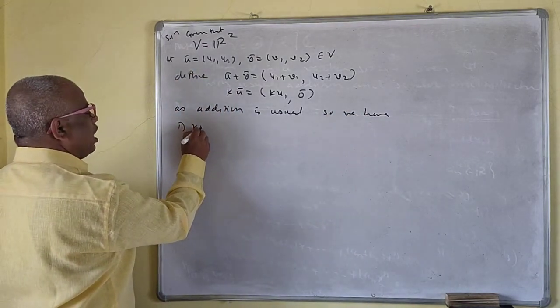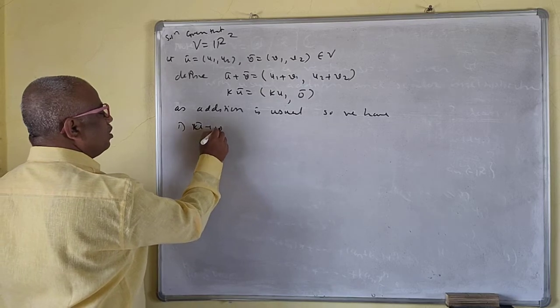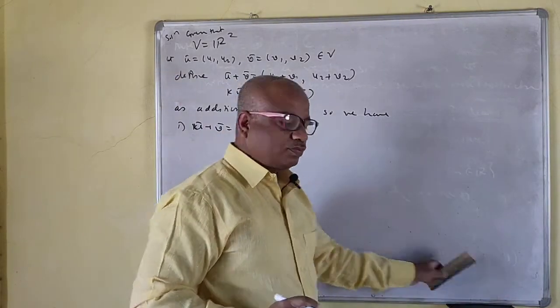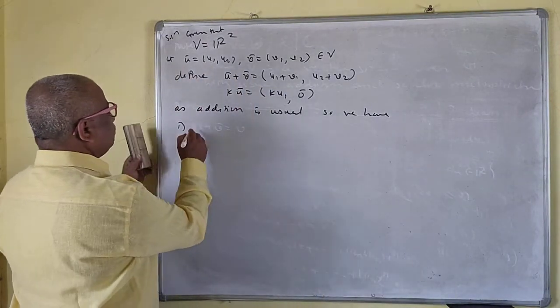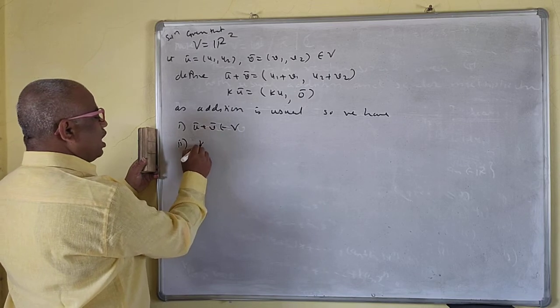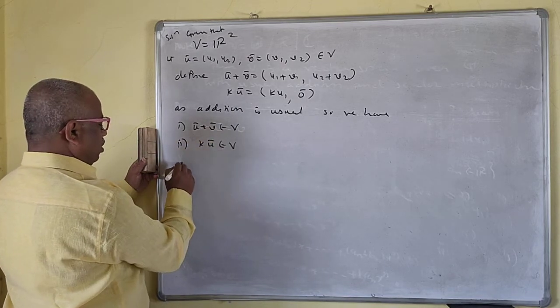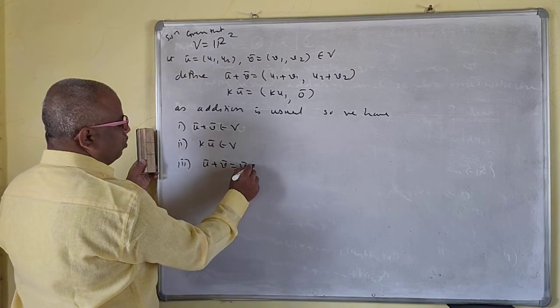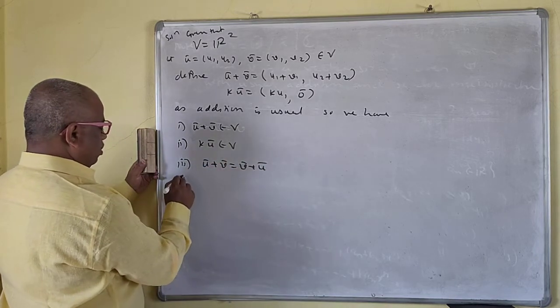First, u bar plus v bar belongs to V. Second, k into u bar belongs to V. Third, u bar plus v bar is the same as v bar plus u bar.